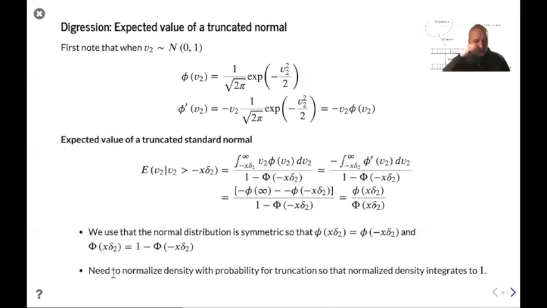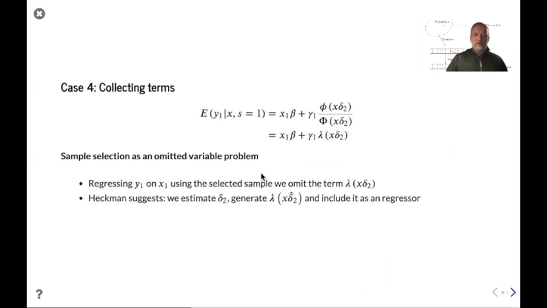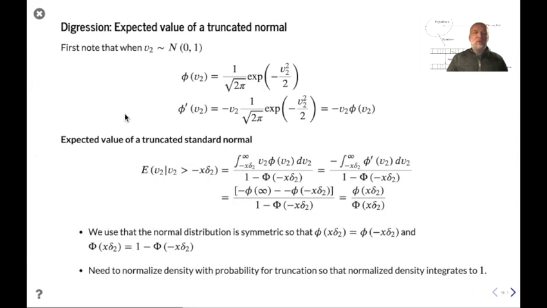Okay? And then the other thing I think I said is that you need to normalize the density for the probability of truncation. That's the probability of truncation that's entering down here, so that the truncated density still integrates to 1 when you integrate from negative delta 2 to infinity. Okay, so what are we getting out of all this?